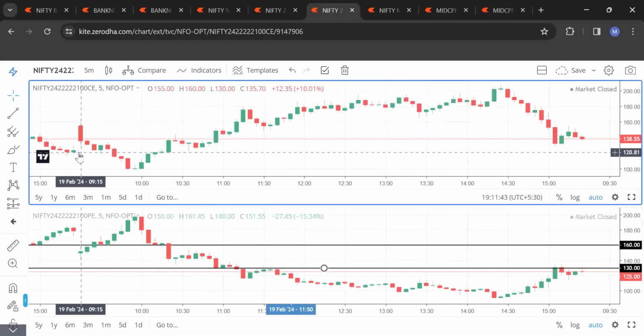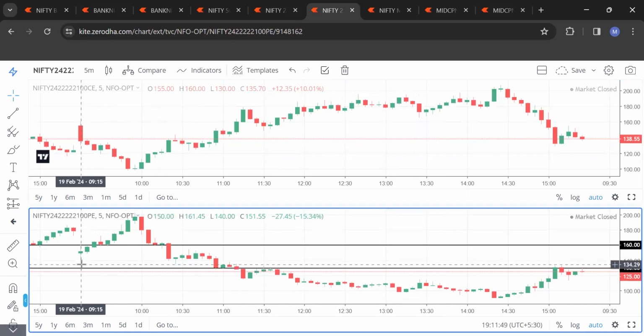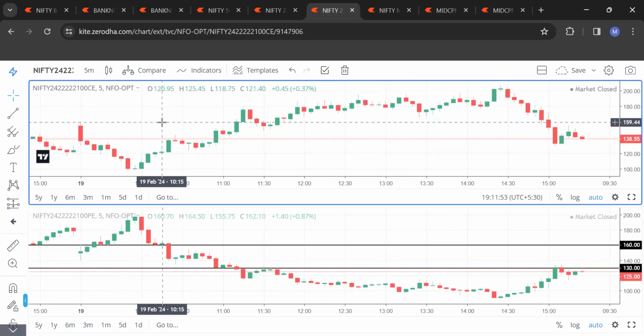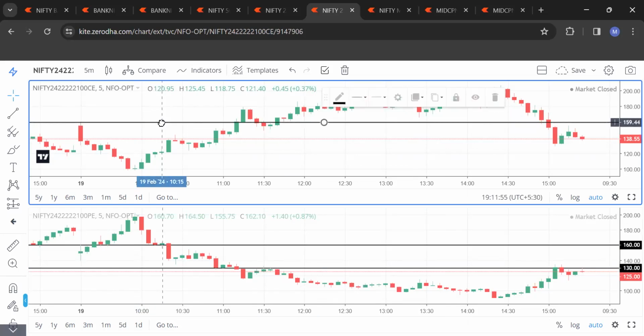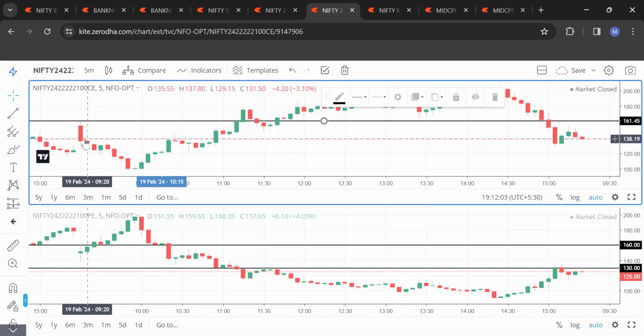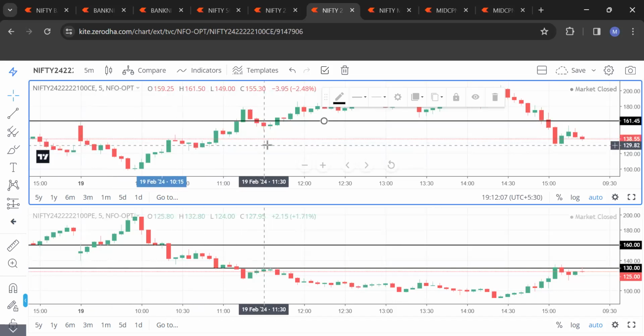So we have marked, we have swapped the highs and lows of call onto put. Now we will swap these highs and lows, 160, 145, 140, on here. 160, 145. And 140.